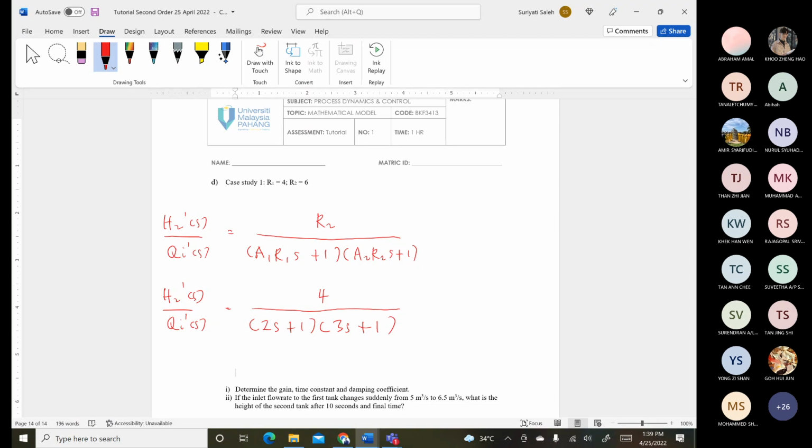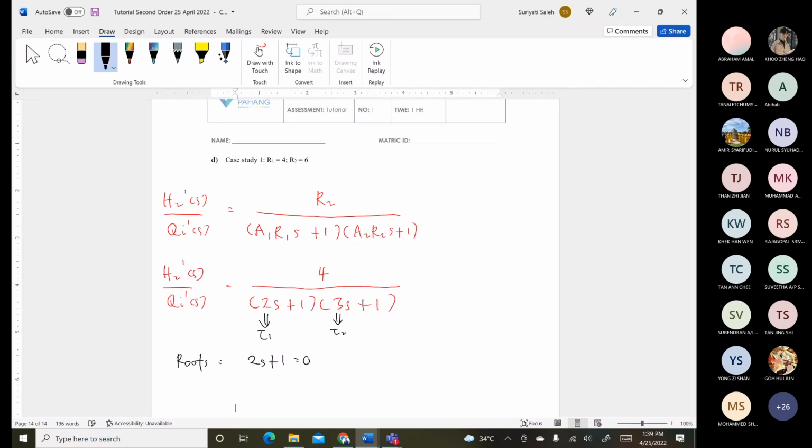Okay. Now, based on this, you have 2 as the first tau, tau 1, and 3 as tau 2. So where the roots, if we take a look, 2s plus 1 equal to 0, so s equal to negative 1 over 2. And the second one, 3s plus 1 equal to 0, so s equal to negative 1 over 3.